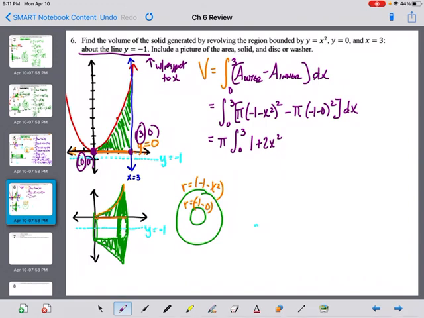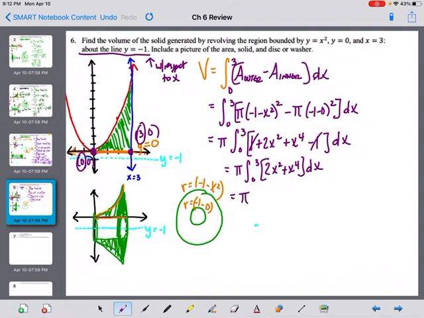And then -x squared times -x squared is going to be positive x to the 4th. -1 minus 0 is -1, and then -1 squared is going to be 1, but then times the negative will be -1. And then, of course, combining like terms, the 1 and the -1 cancel out. So we end up with pi times the integral from 0 to 3 of 2x squared plus x to the 4th dx.